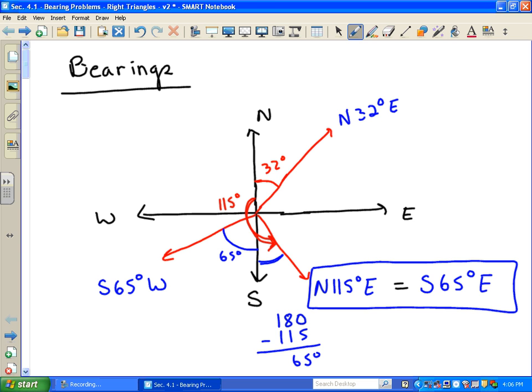And then finally, if you have north 115 degrees east, that would normally be rewritten as south 65 degrees east. The other thing is we don't measure negative angles. We always use angles between 0 and 90 as standard form for bearings.